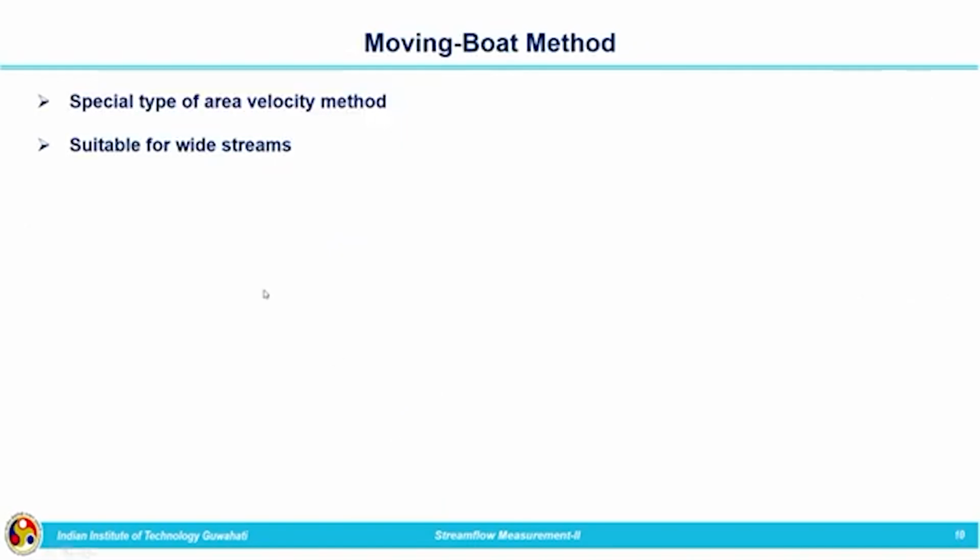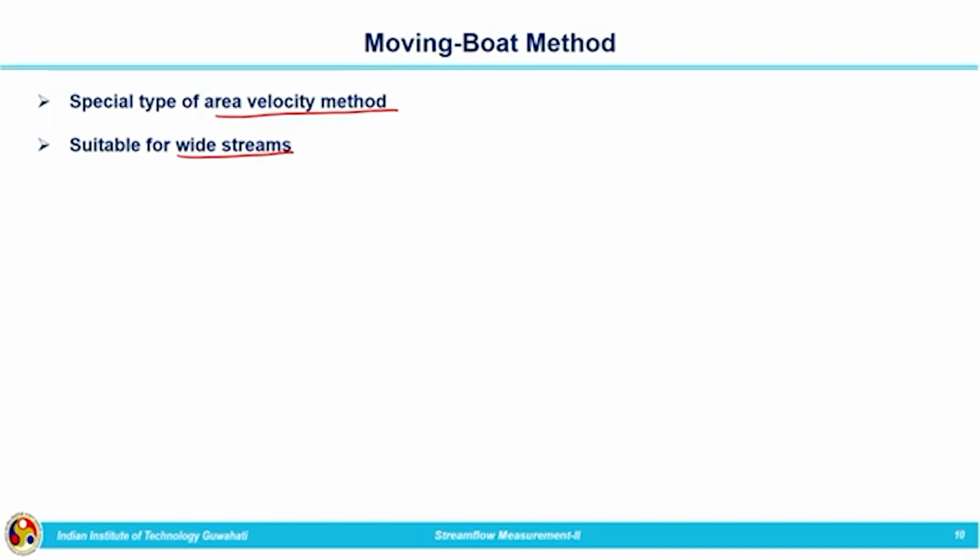Now next is the moving boat method. This is a special type of area velocity method suitable for wide streams. Moving boat method we commonly use in the case of wide streams, for example rivers like Ganga and Brahmaputra, because if you are doing the measurement by using a stationary boat, because of the velocity of the flow, the current meter cannot be held in a particular position.